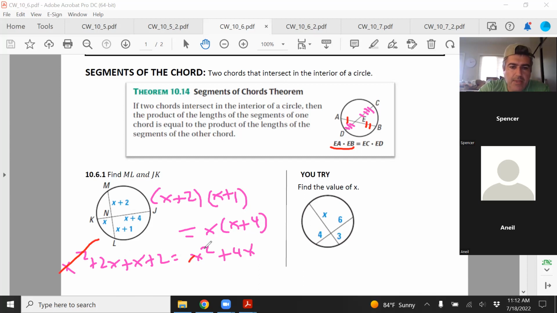The x squares cancel on each side. So x equals 2. Because you move this over to the other side, x equals 2. And that makes sense because this would be 4 and 3. That'd be 2 and 6. 4 times 3 does equal 2 times 6.